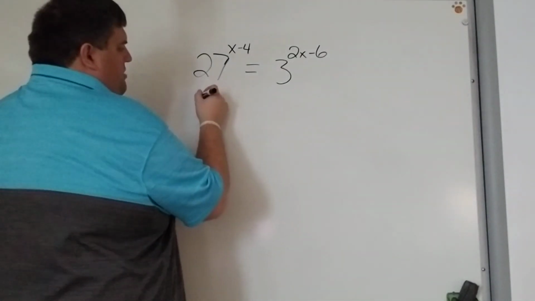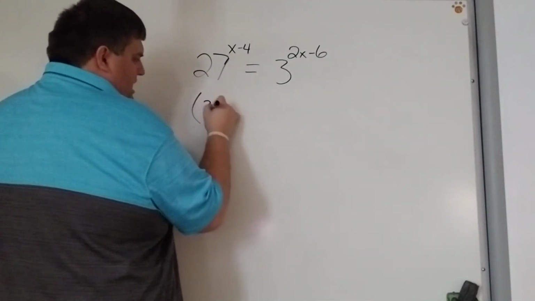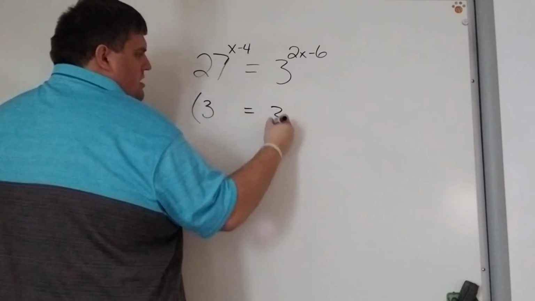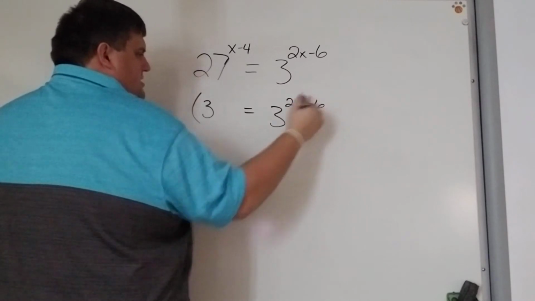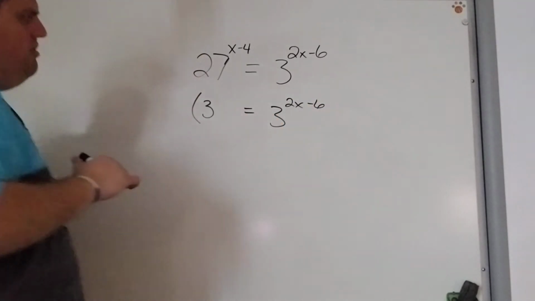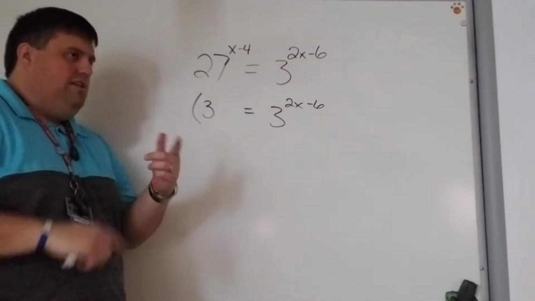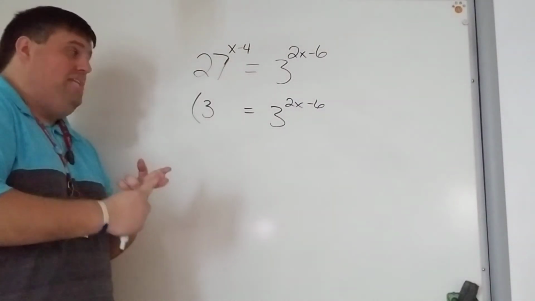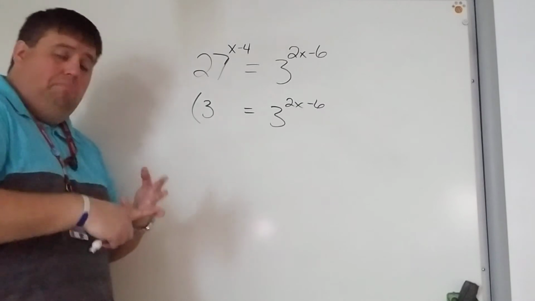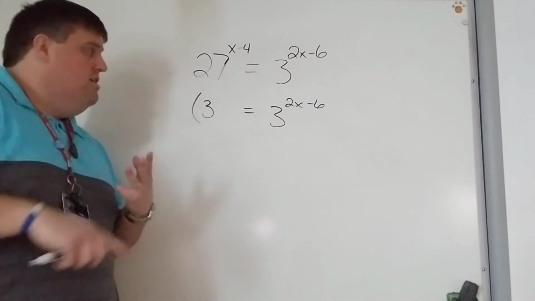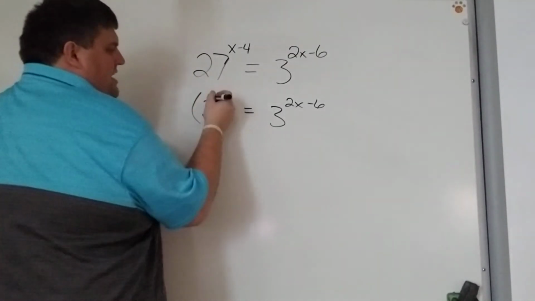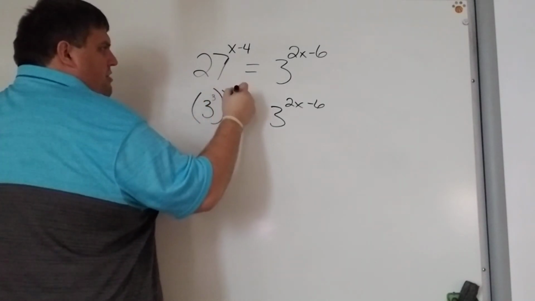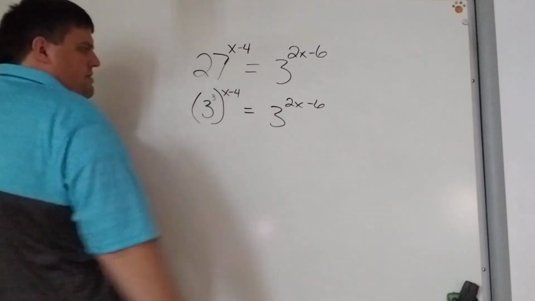So I'm going to write 3, and the exponent stays the same. What could 3 be to be 27? Well, 3 to the first power is 3. 3 to the second power is 9. 3 to the third power is 27. So I could rewrite 27 as 3 to the third, and then the exponent would be x minus 4, like that.